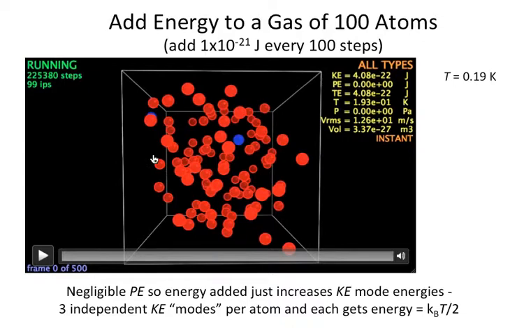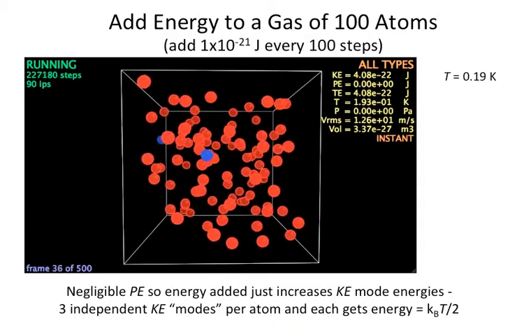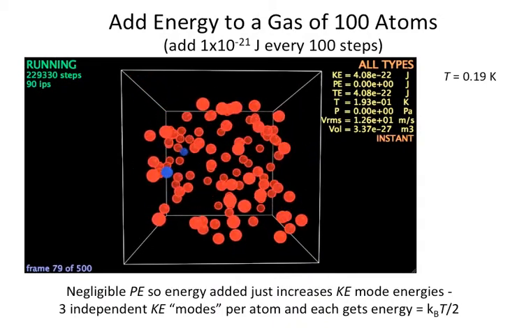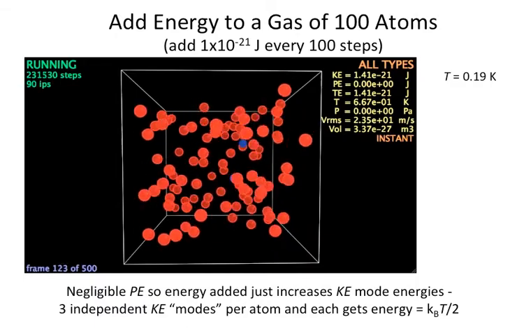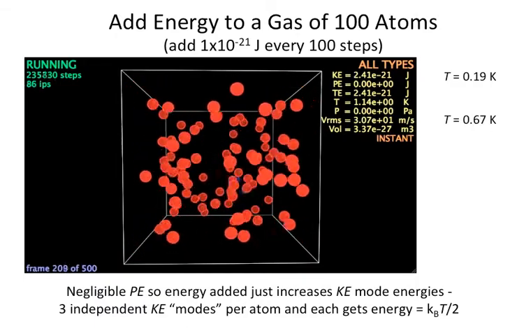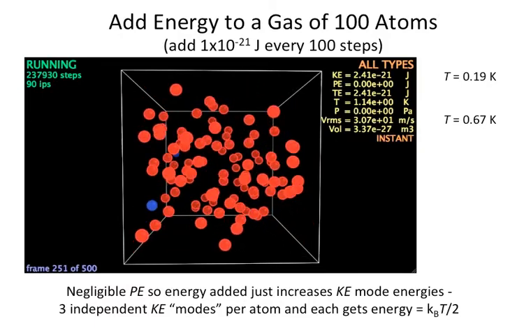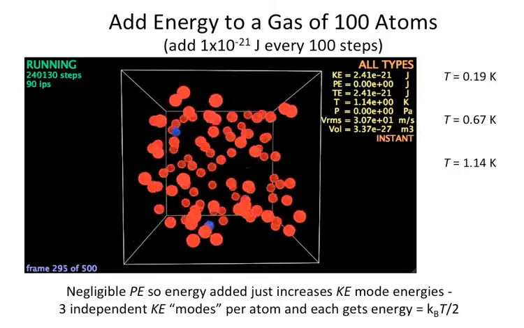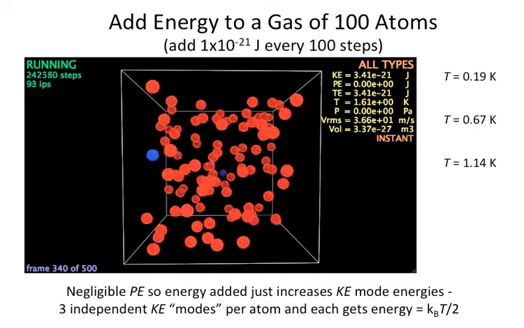So let's just watch this thing go through as I add in energy every 100 steps. The first 100 steps, I have the initial energy. The second 100 steps, higher temperature, faster. The third 100 steps, higher temperature, moving faster.